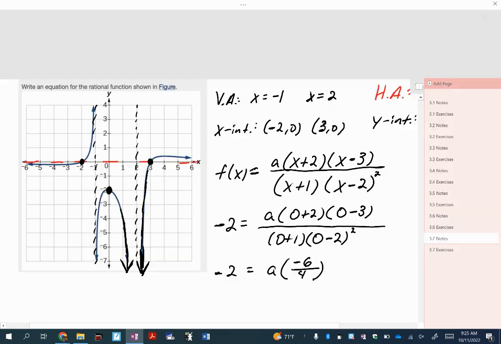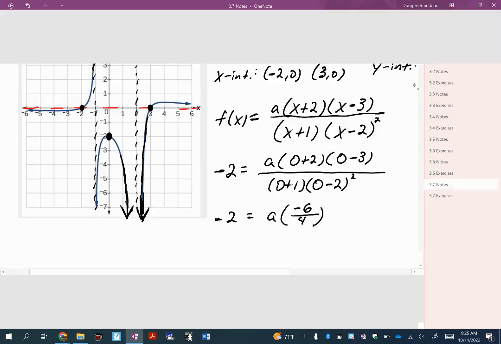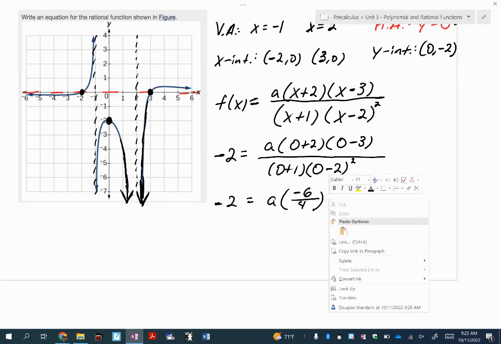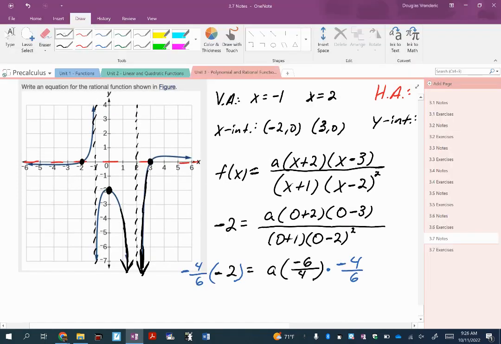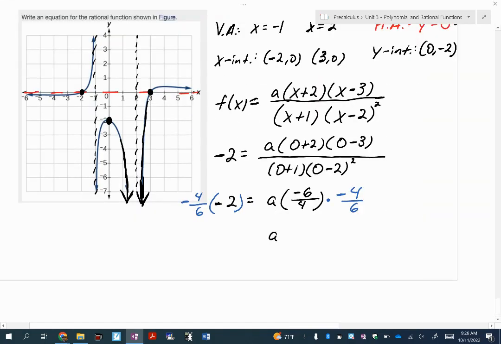So if I want to get this a by itself, I'm going to multiply both sides by the reciprocal, so -4/6 times -4/6. So my a is going to be positive, positive 8/6, which is 4/3.